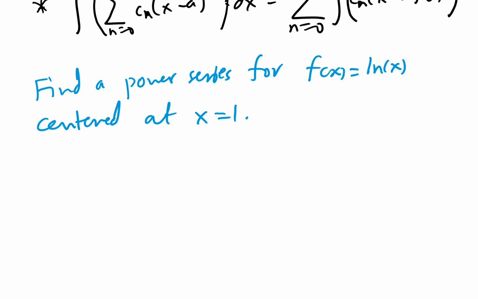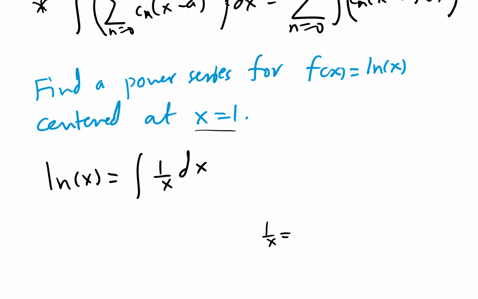So I would think about, what is ln of x? ln of x is the antiderivative of 1 over x, right? So I want to think about what I can do with 1 over x. Maybe I would start with 1 over x on the side, and they want it centered at 1.